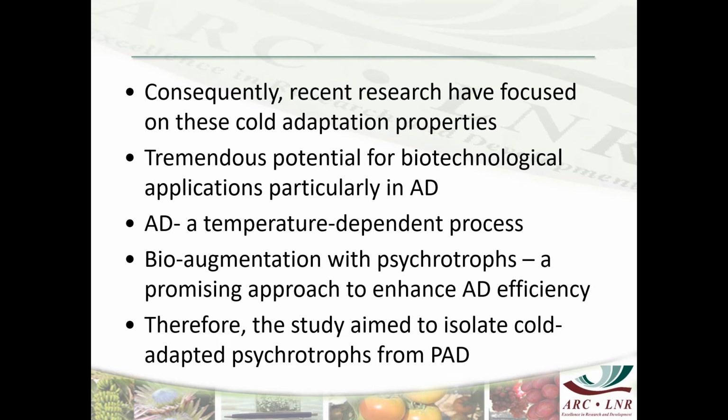Therefore, in an attempt to get an insight into the important microbial processes occurring at low temperatures during psychrophilic AD, and investigate cold active microbes, this present study aimed to isolate cold adapted psychrotrophs from psychrophilic anaerobic digestion.